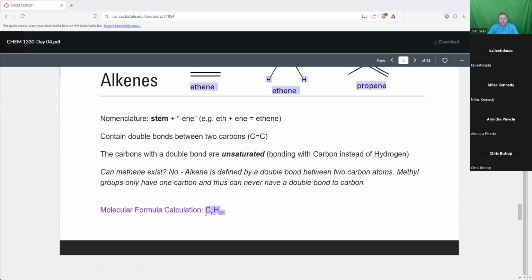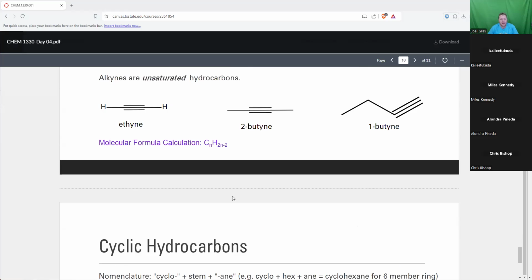Well, if it has 50 carbons, then it's going to have exactly 100 hydrogens. If it has 140 carbons, it's going to have 280 hydrogens. Meanwhile, if it's an alkyne and it has 140 carbons, then it's going to have 278 hydrogens.